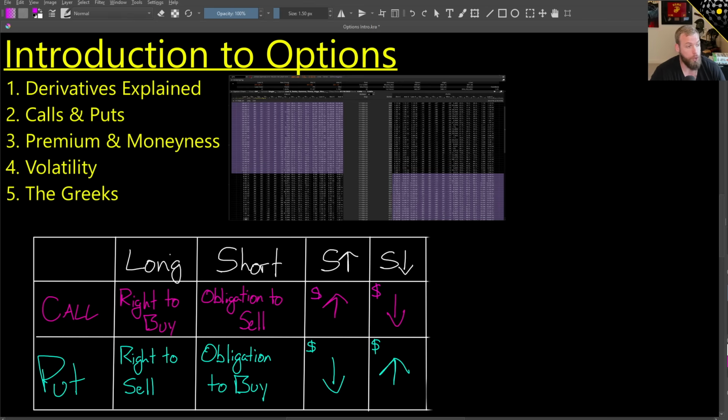So if you buy, remember, whenever you buy something, you have a right. It means you have a choice. So in this case, if you're long a call or if you bought a call, it means you have the right to buy an underlying asset at the strike price.